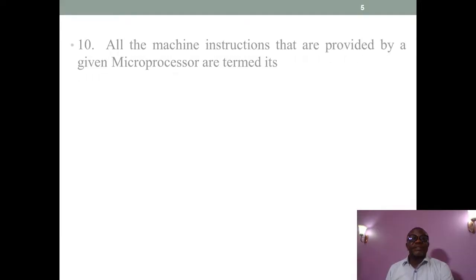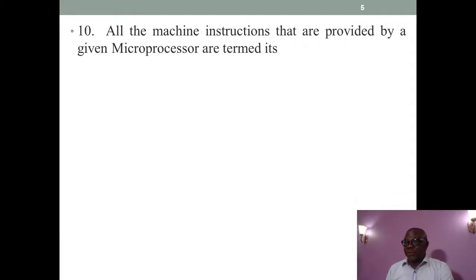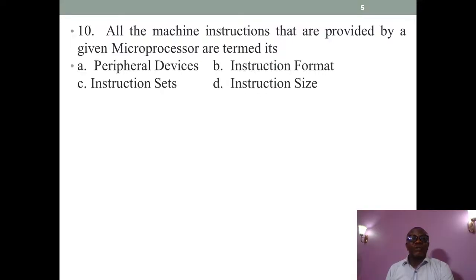So the next is, all the machine instructions that are provided by a given microprocessor are termed as its what? Peripheral devices, instruction format, instruction set, instruction size. Of course, we know that it is the instruction set.